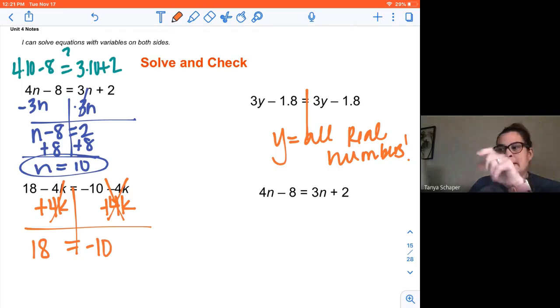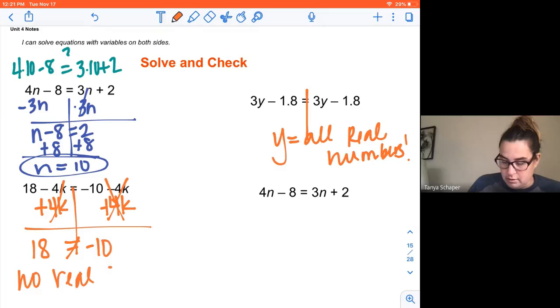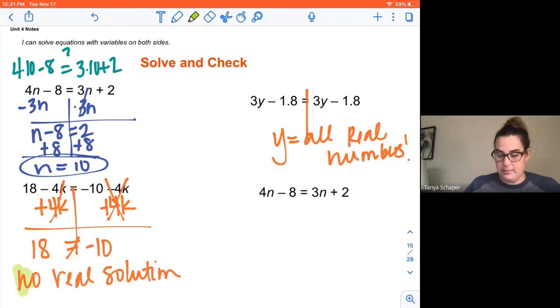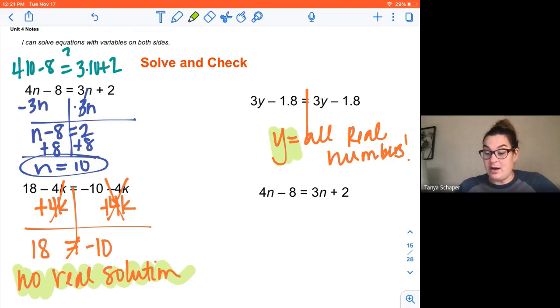But 18 is not the same as negative 10. So because of that, I know that there is no real solution. Okay, so I'm going to write down no real solution because there's nothing I can put in for k that's going to make it true. Just like I put y as all real numbers, what I have in green is what my answer is.